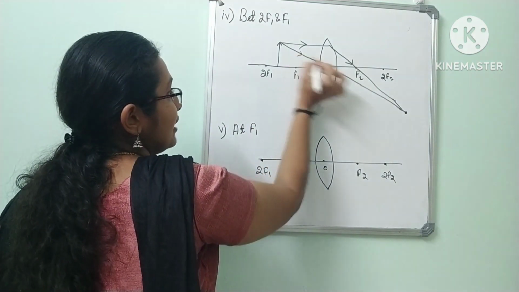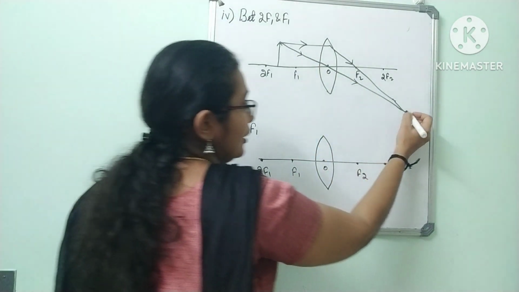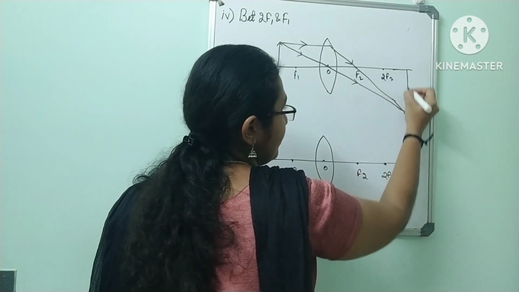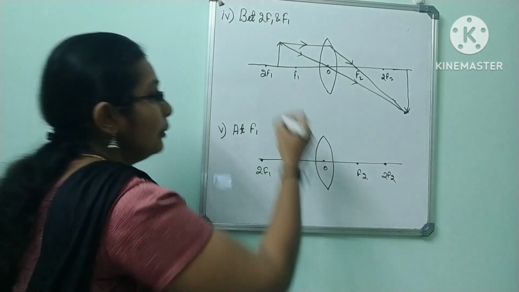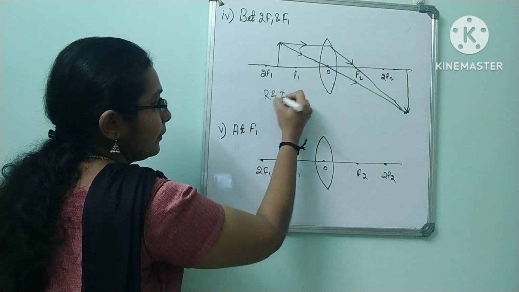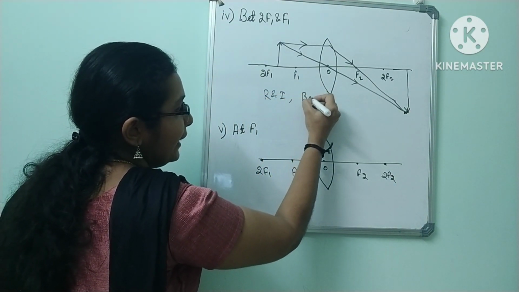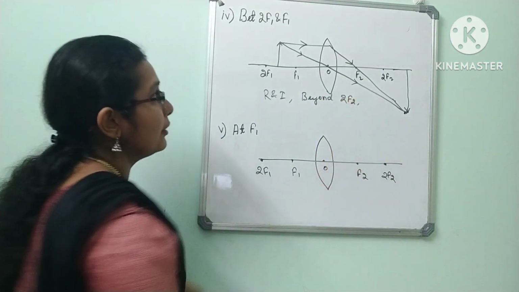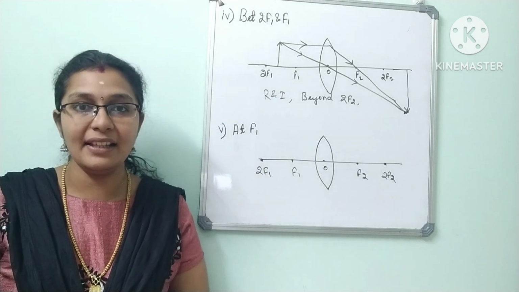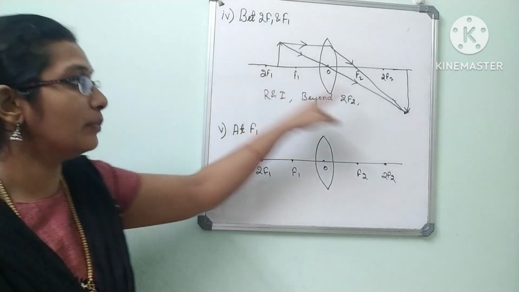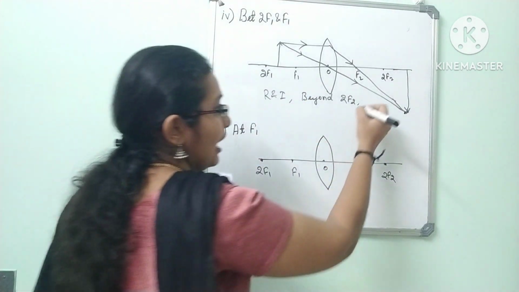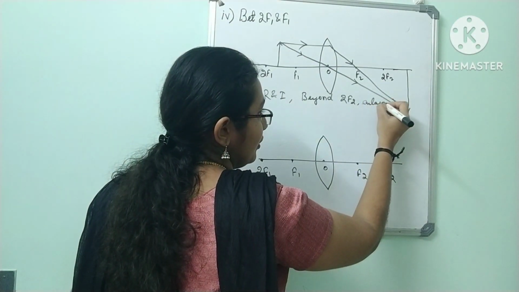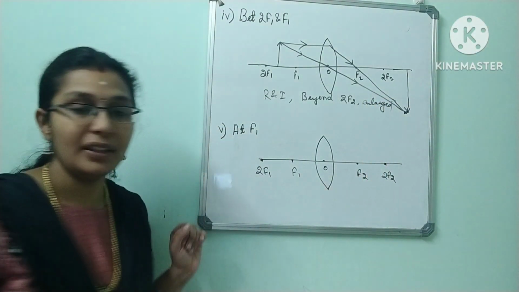So they will meet at a point beyond 2F2. What kind of image is formed? Real and inverted. Beyond 2F2. And whether it is smaller, larger, or of the same size, it is bigger than this, right? So an enlarged image you will obtain. Clear?